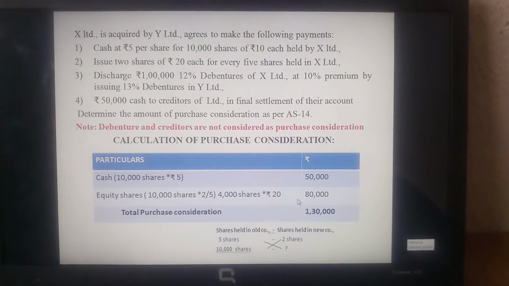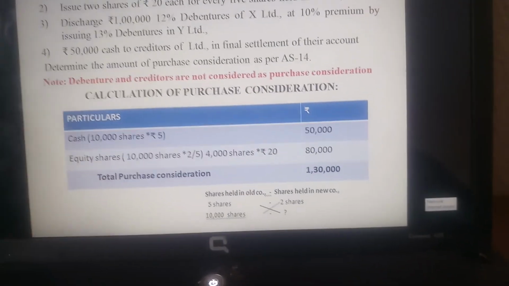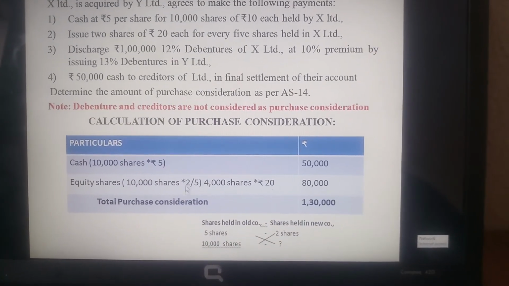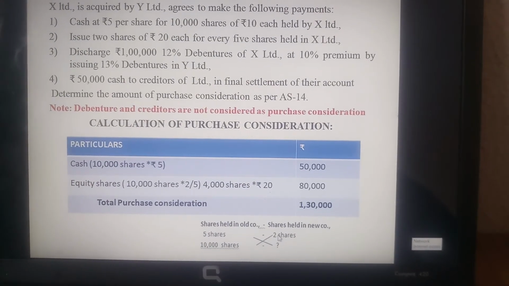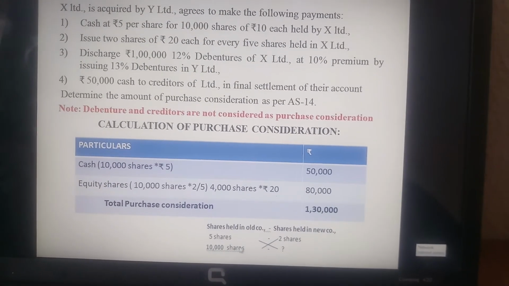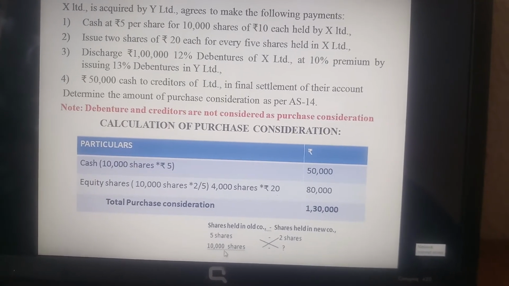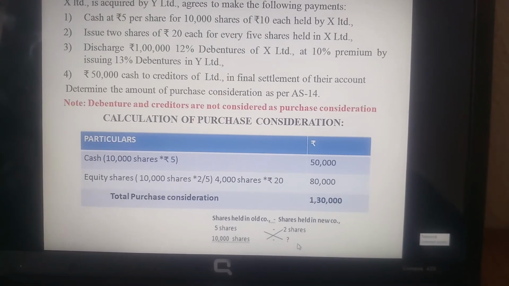So the cash payment is 50,000, and then we calculate the equity shares. In the case of equity shares, for each 5 shares, 2 shares will be issued. For 10,000 shares, how many shares will be issued, we have to find out.